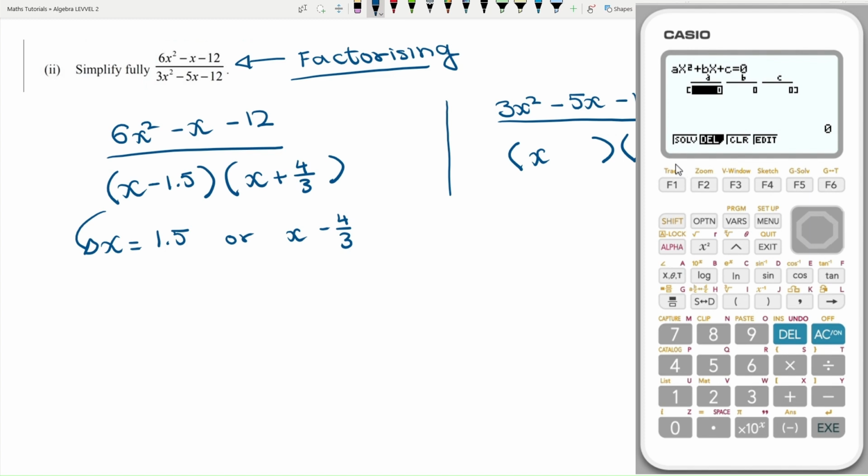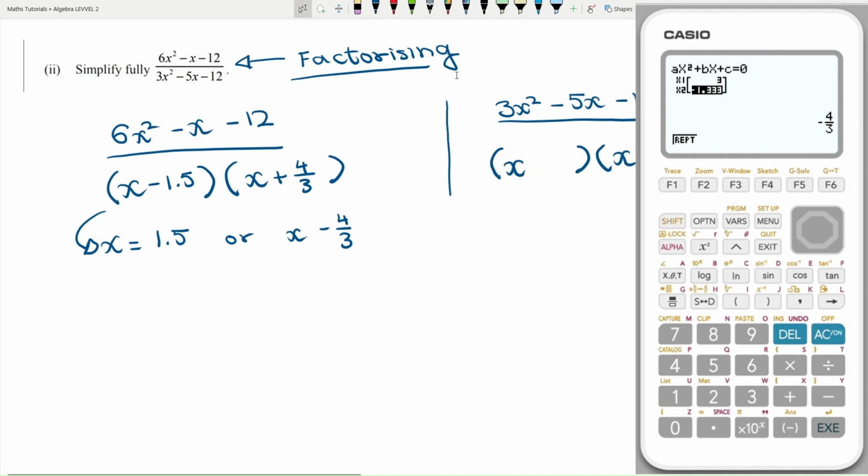So our a value was 3, our b value was negative 5, our c value was negative 12, and then we're going to click solve. So our first x-intercept is 3, and our second is negative 4/3. Now let's put that on our paper.